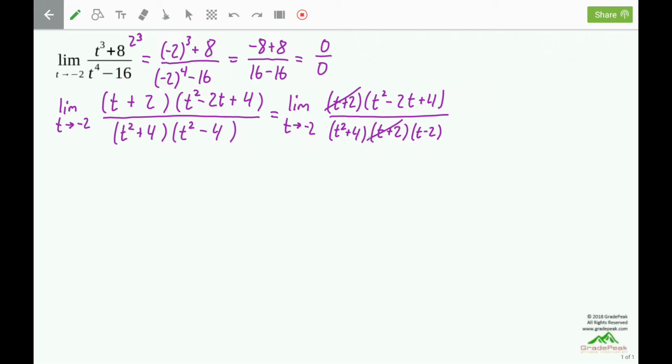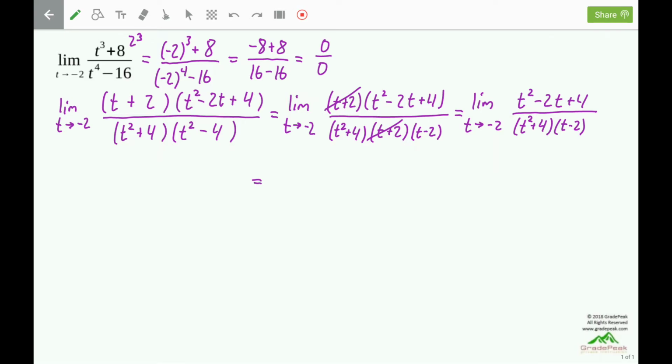Those can cancel with each other at this point. And we now have limit as t goes to -2 of (t squared minus 2t plus 4) over (t squared plus 4) times (t minus 2).